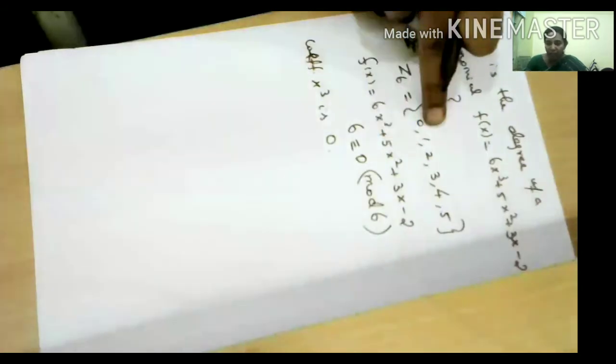Again, check the second term, x squared. Its coefficient is 5, which belongs to set 6, so no need to alter it. The x coefficient is 3, which also belongs to set 6, so don't change anything. The constant term is minus 2, which is not in set 6.